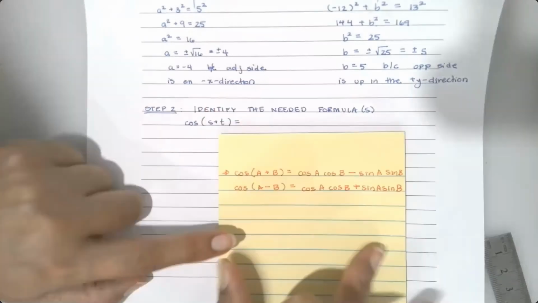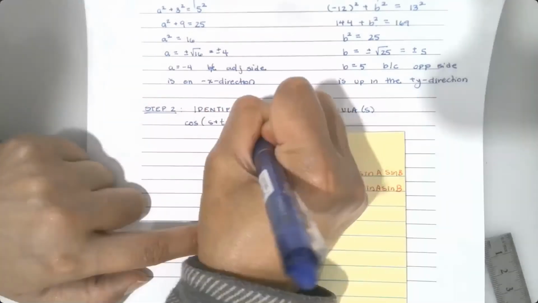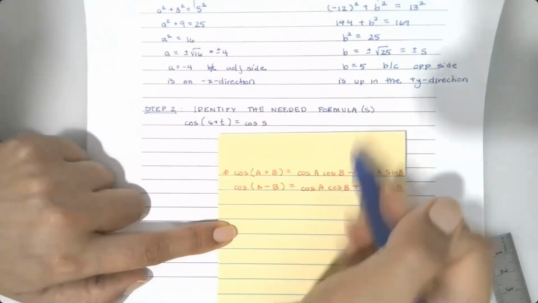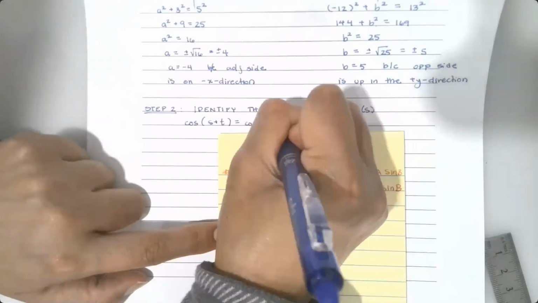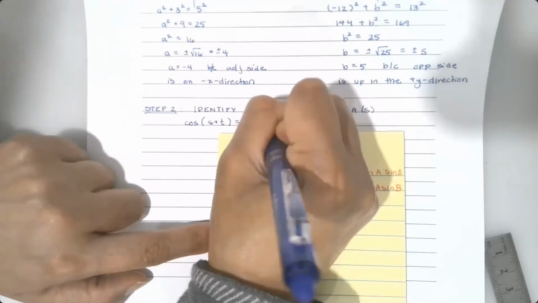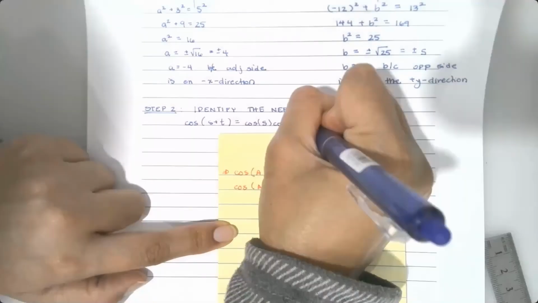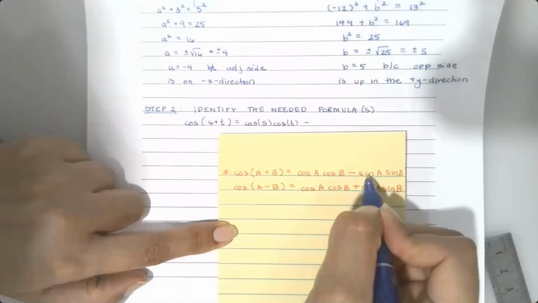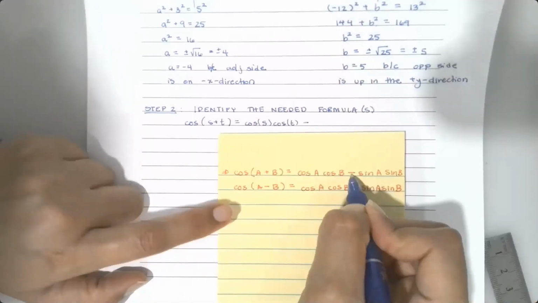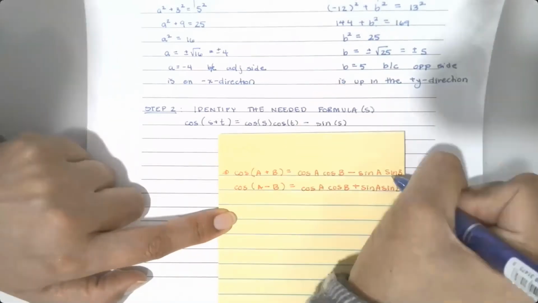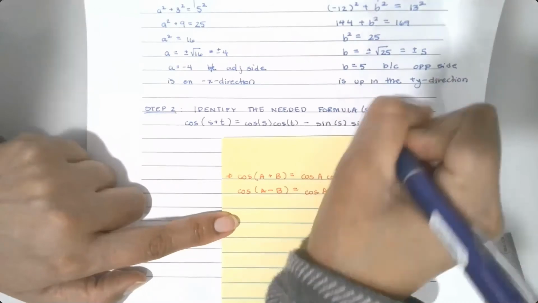That means that we'll have cosine of the first angle, which in our case is s, times cosine of the second angle, which is t. I'll put parentheses around the angles so it's easier for us to identify what we're working with. And we have minus sine of the first angle, which is s, times sine of the second angle, which is t.